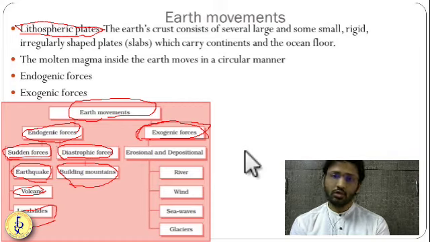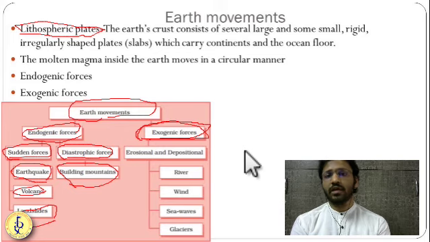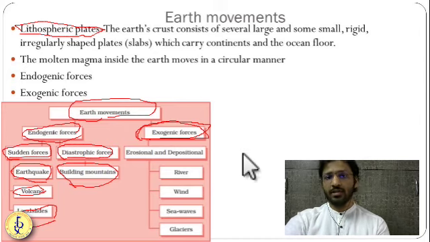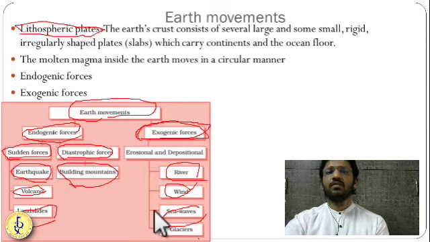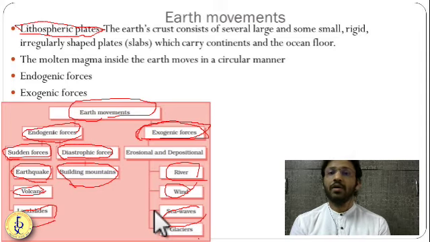There are agents of these exogenetic processes. Who are these agents? There are four important agents. First is river. Second is wind. Third is sea wave. And fourth, the most potent, is glacier.